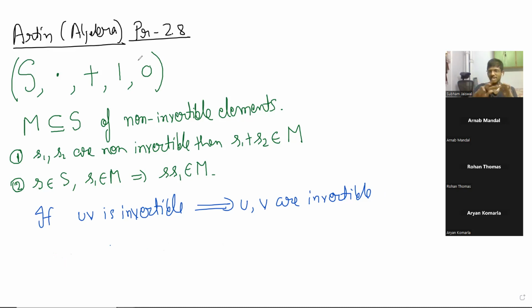Basically, you already know one thing which is universally true. The other direction is universally true, right? Product of two invertible elements is always invertible. Everybody knows that, right? If U has an inverse and V has an inverse, then V inverse U inverse is the inverse of UV.